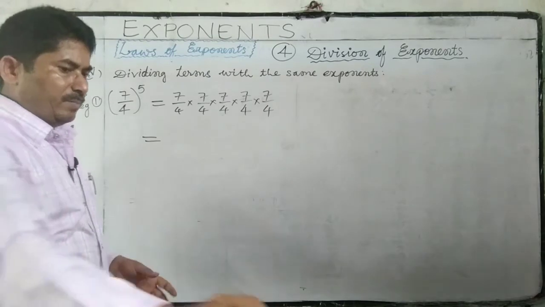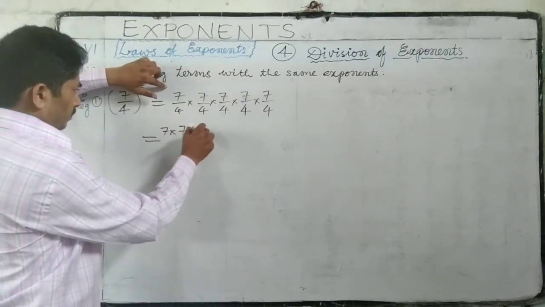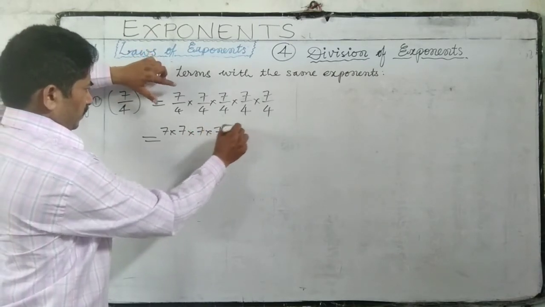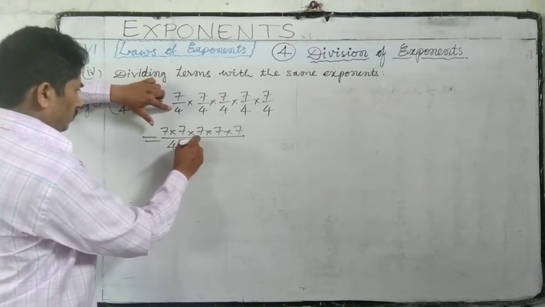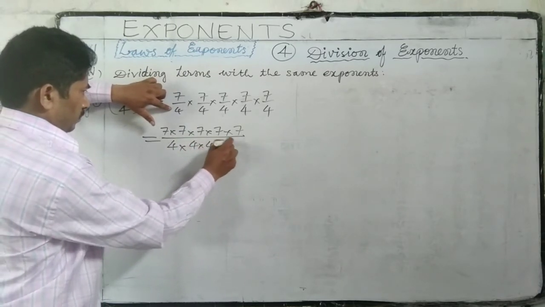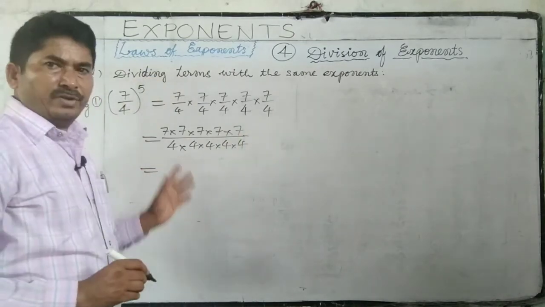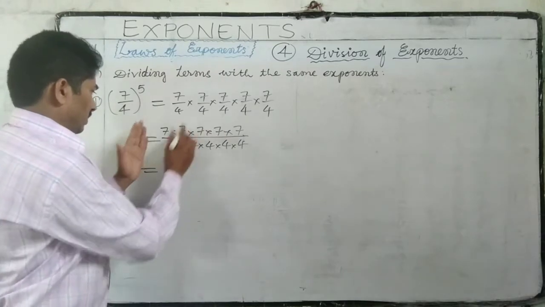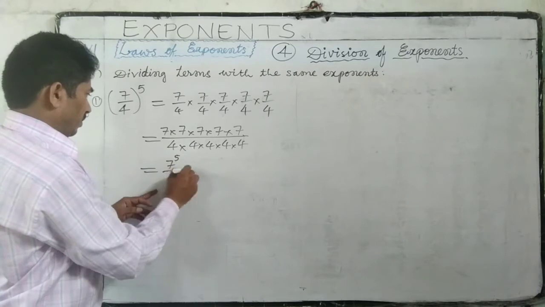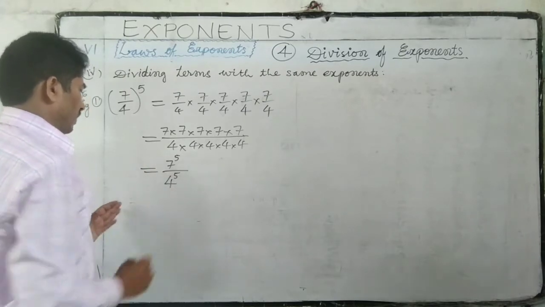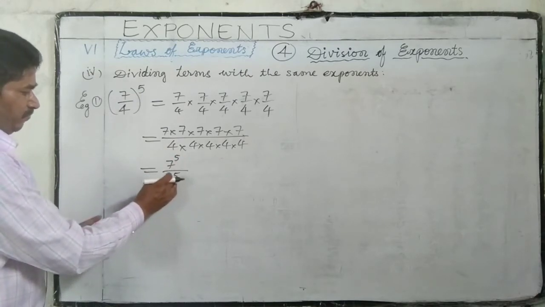Now we can write a product of numerators by a product of denominators, 7 five times by 4 five times. By the definition of exponent, we can write in short form 7 to the power of 5 by 4 to the power of 5.